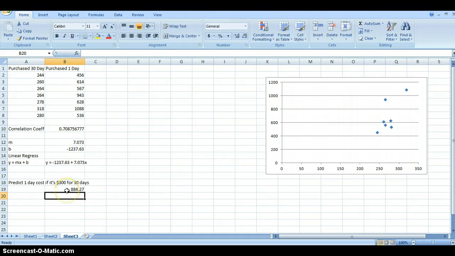And then you get the cost is $884.27 for a 1-day notice on a ticket that would cost $300 if you gave them 30 days notice. So I hope this helps with the first part of your lab.